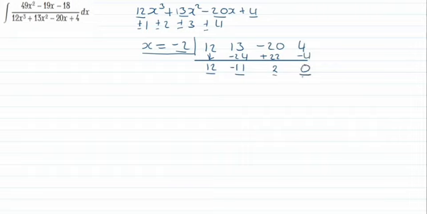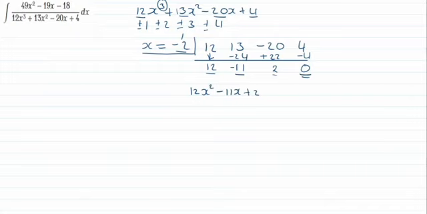So this 0 is showing you that it's the remainder, meaning that the number that we've used here is one of the factors. So since we factorize, since the degree here was 3, what we are going to have here will be 12x^2 - 11x + 2.